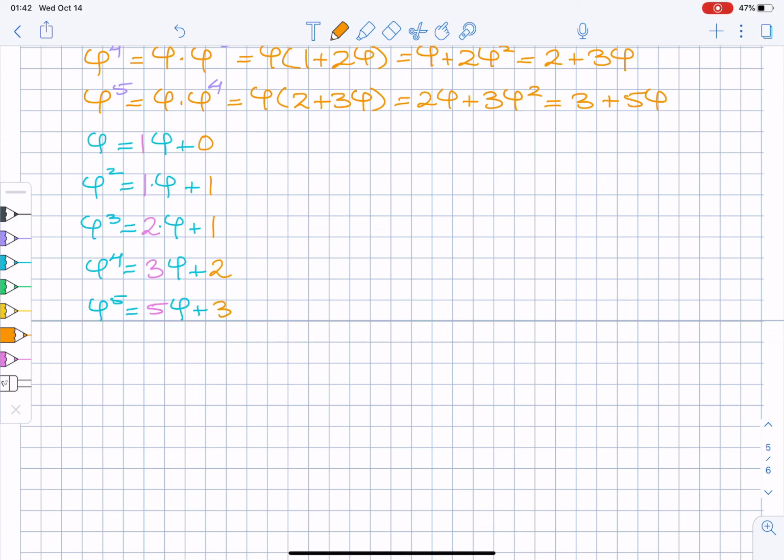So let's look at these things. What do we have here? We have the sequence of coefficients of phi: 1, 1, 2, 3, 5.